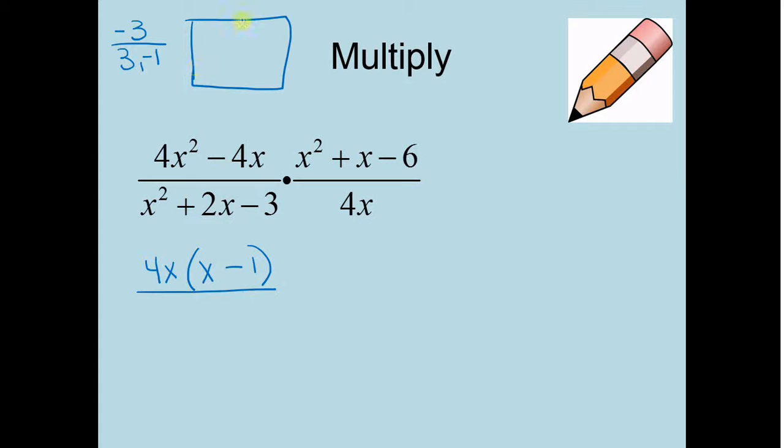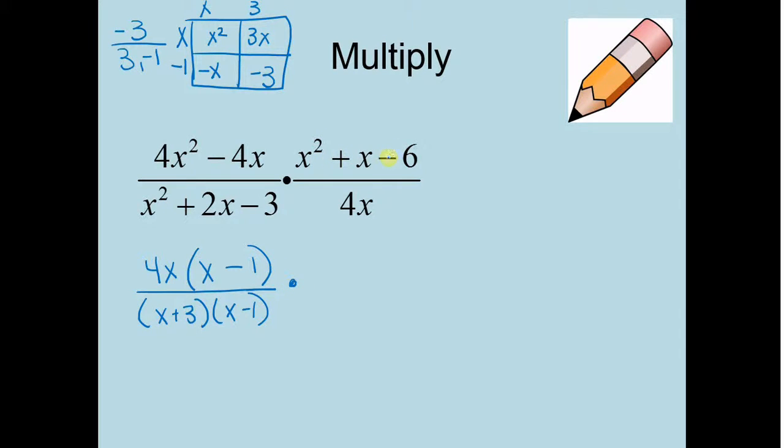Box. So I'll get x squared plus 3x minus x minus 3, because that's me expanding that middle term to these two. So I'm going to have x plus 3, x minus 1.